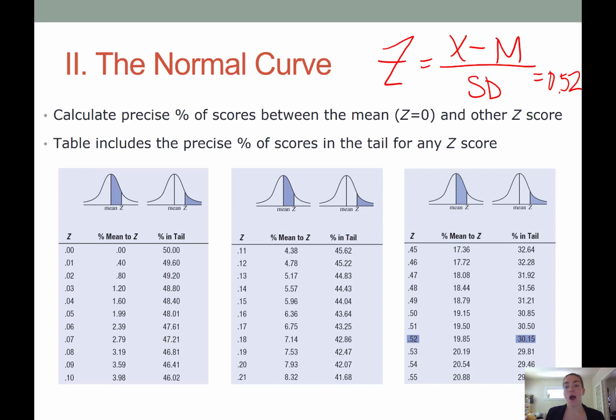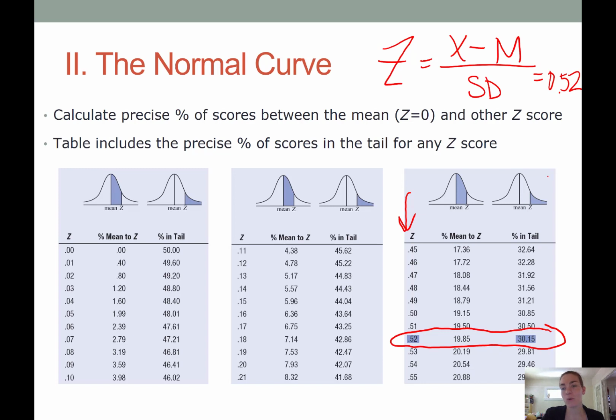So this person scored half of a standard deviation above average. Okay. Well, how many people scored above that value? I can look right here. I look up my z-value in the z column. I find my z-value of 0.52. And if I want to know how many people fall above that person's score, then I look at the percent in the tail, right?